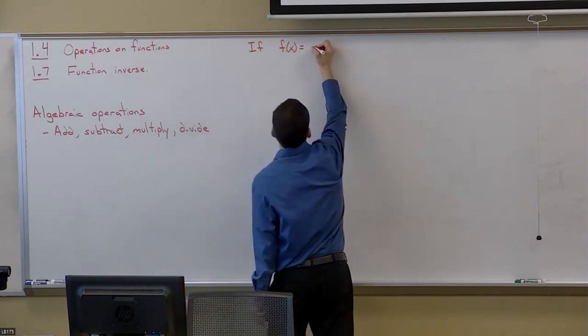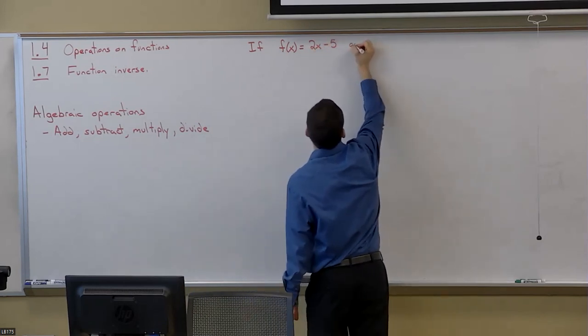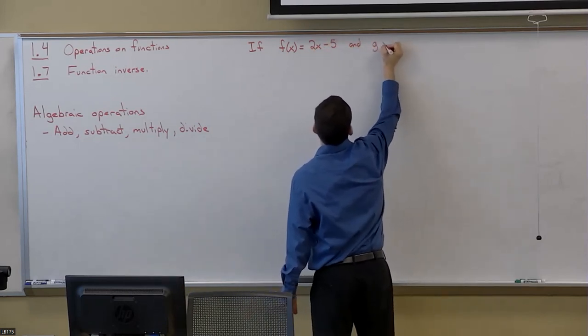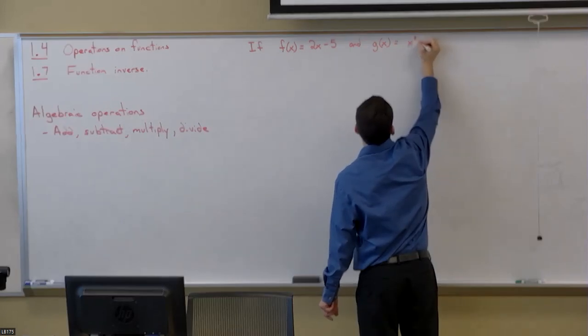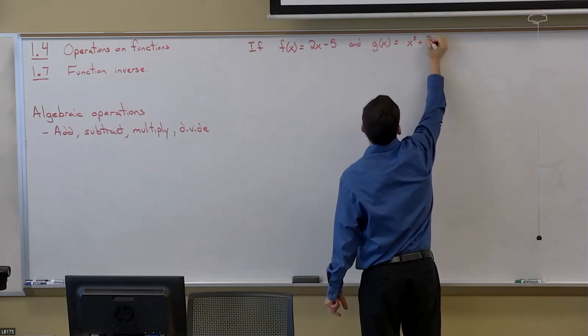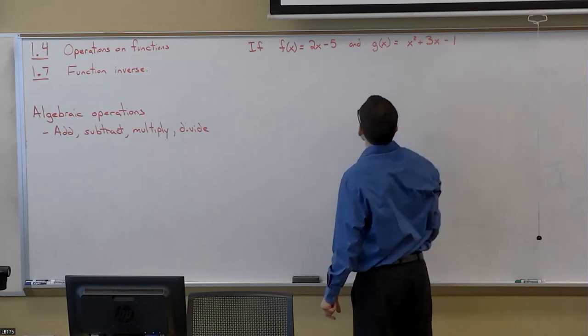Let's say f of x is equal to 2x minus 5, and g of x is equal to x squared plus 3x minus 1.